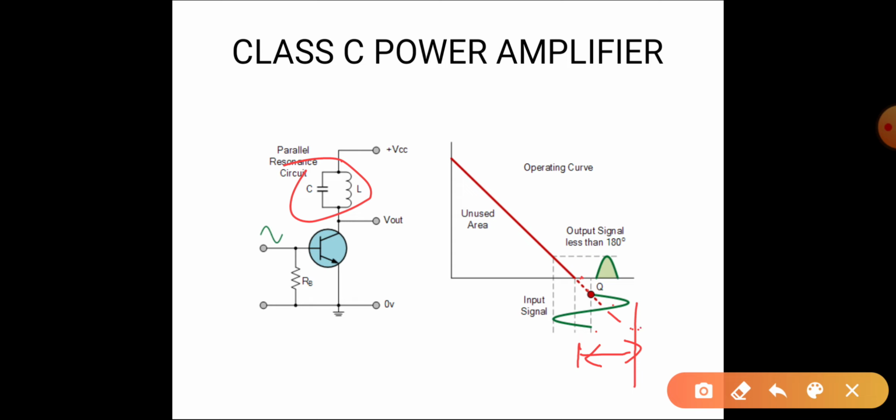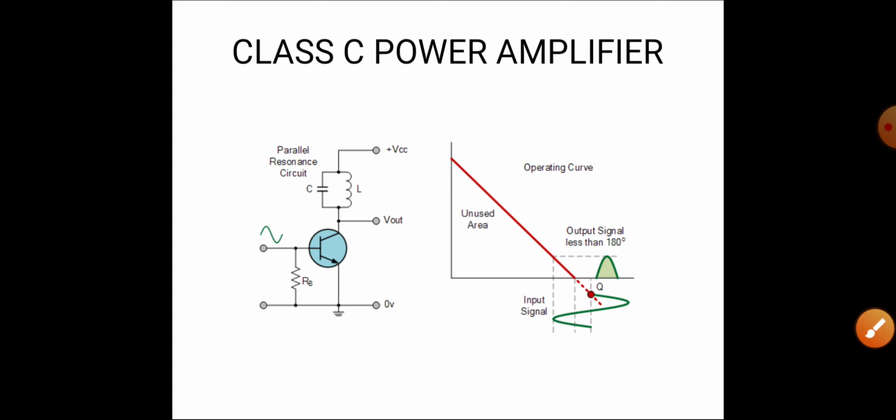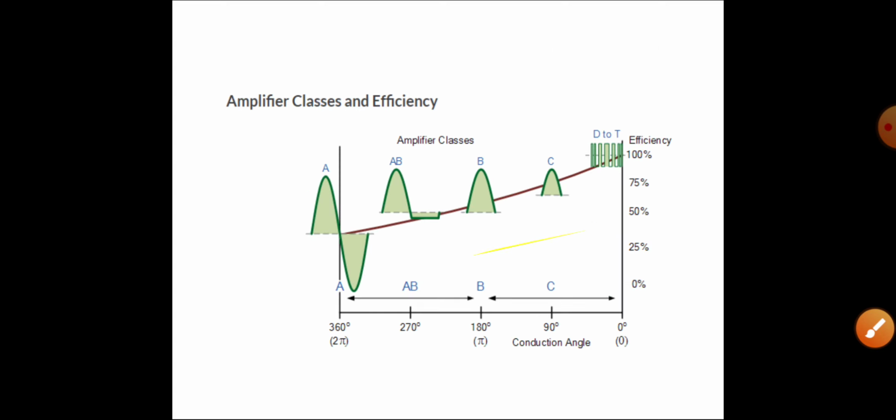The only part where the Q point is along the load line will be this, giving the output which flows for less than 180 degrees. So you can clearly see it is less than 180 degrees. This is the class C power amplifier, and it has a very good amount of efficiency. What efficiency is, we'll see in the next lecture.